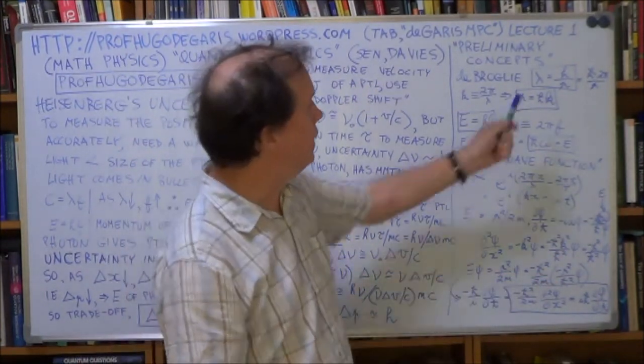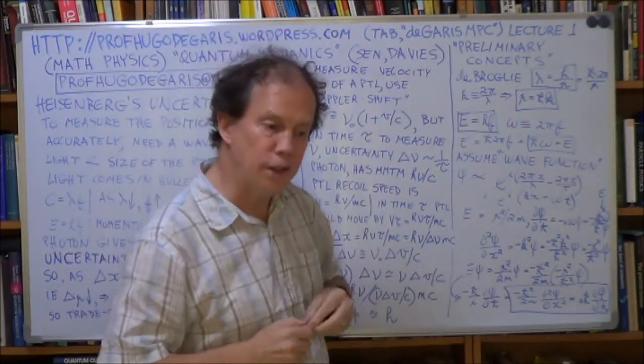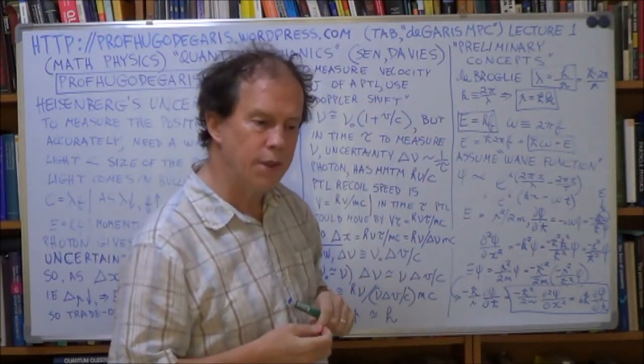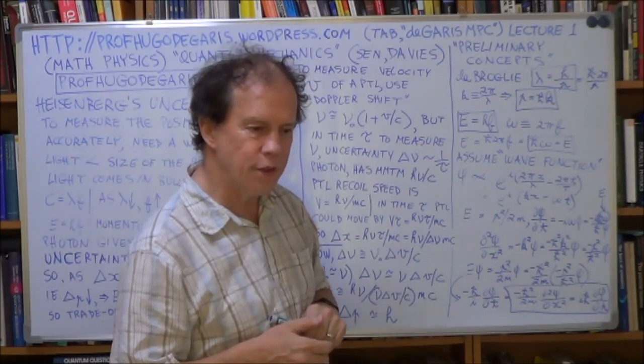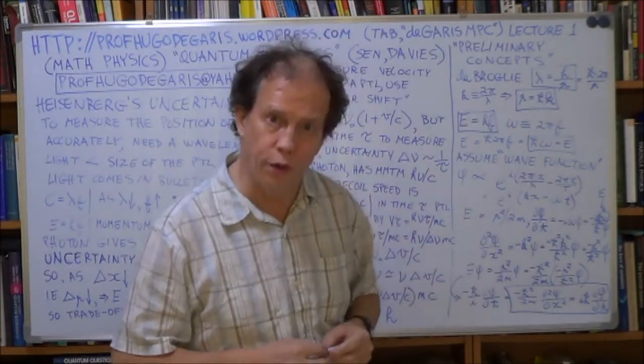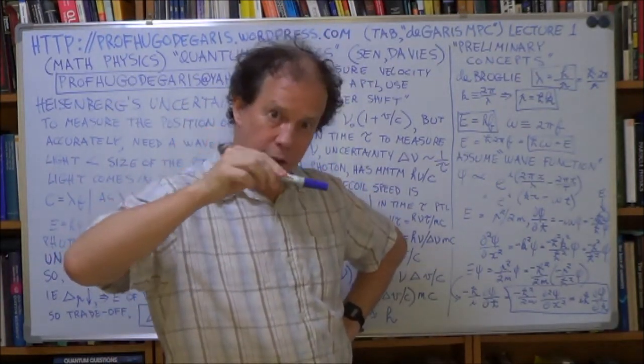Now, de Broglie himself, his vision, he imagined that a particle was actually a kind of wavicle, which you can imagine is sort of like a surfboard rider. So imagine a surfboard riding on a wave.